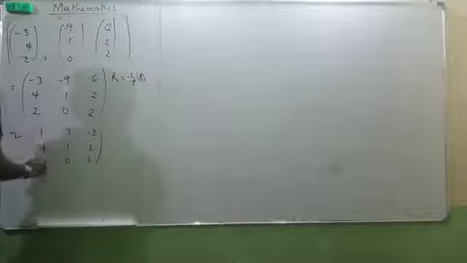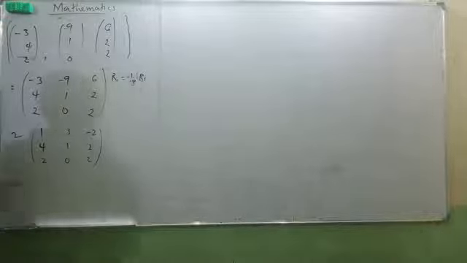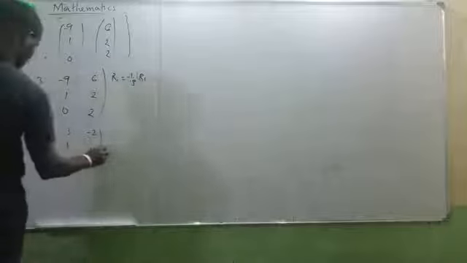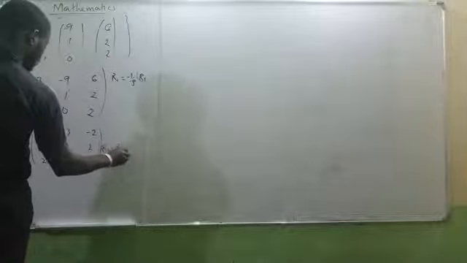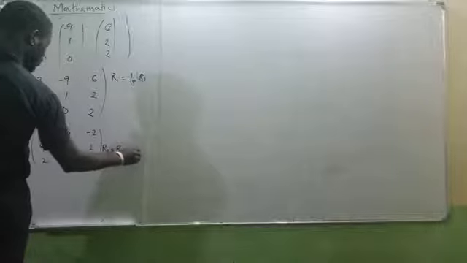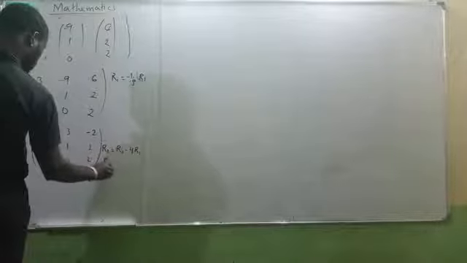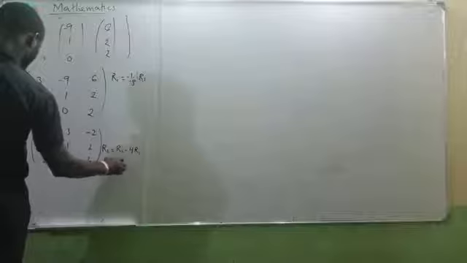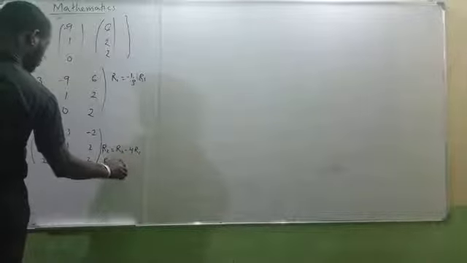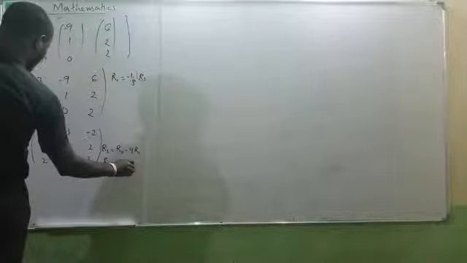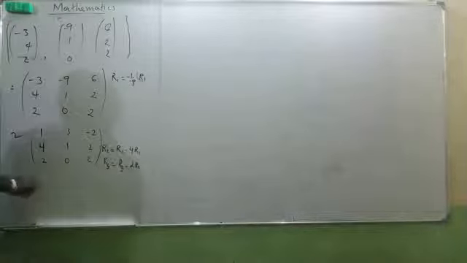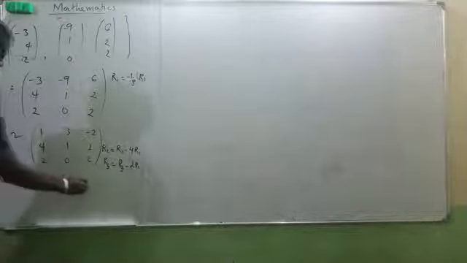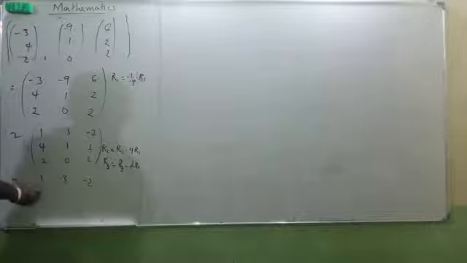Now, I'm trying to do row reduction. R2 can be R2 minus 4R1, and R3 can be R3 minus 2R1, which gives me 1, 3, -2. This will be 0.